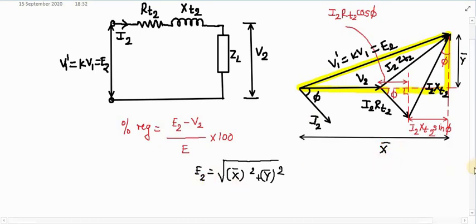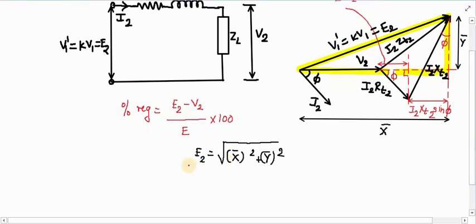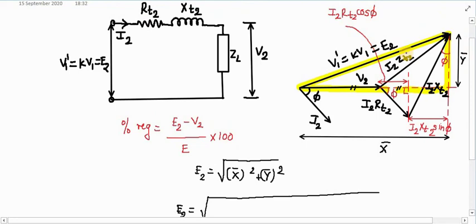So I just have to find out E2. E2 equals the under root of, what is the x component? The x component is nothing but the addition of this V2 plus this vector. What is this vector? I2 RT2 cos of phi, plus this vector.